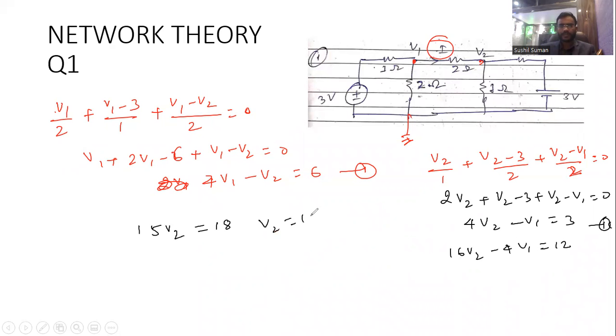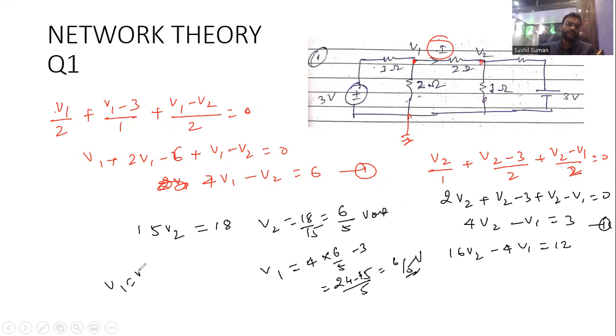So V2 becomes 18 upon 15, which is 6 by 5 volt. So V1 equals 4V2 minus 3, this is 24 by 5 minus 3.